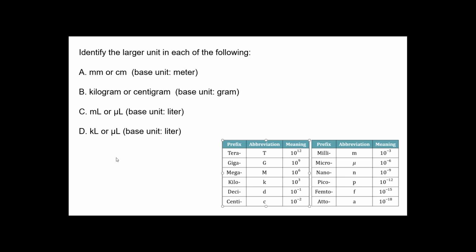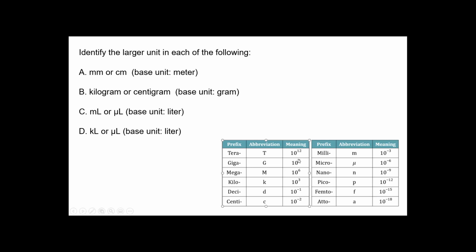Okay, so identify the larger unit in the following. The base unit is meter, so is millimeter or centimeter larger? Now, let's take a look at this chart. The larger this number is, the further away it is from 1. Once you start getting to negative numbers here, that means they are on the other side of the decimal point, and the more numbers there are, the further away it is, the smaller that number is.